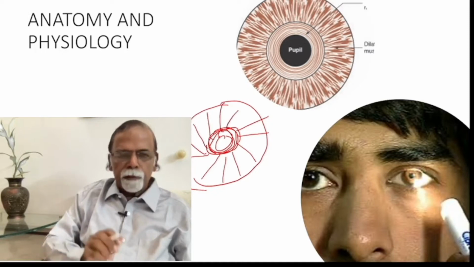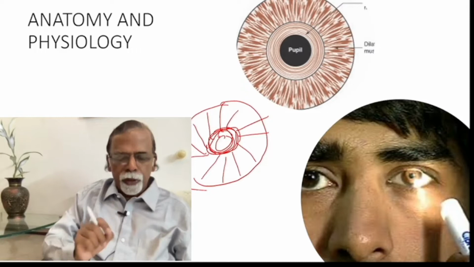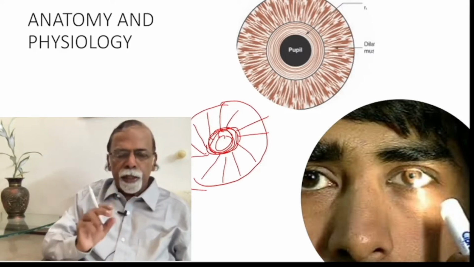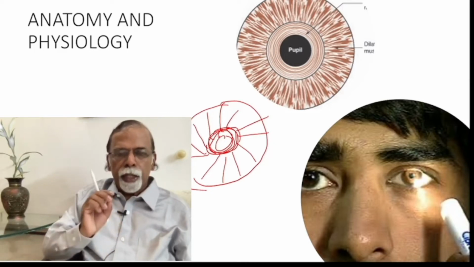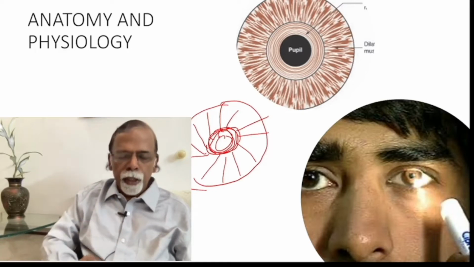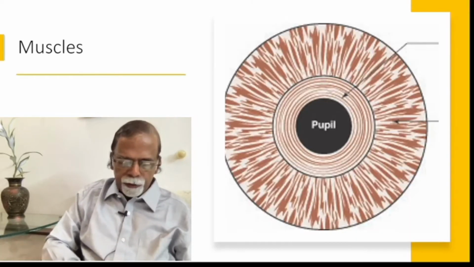The constrictor fibers are under the influence of the parasympathetics coming through the third nerve, and the dilator pupillary muscles are under control of the sympathetics. This is a fundamental thing you should keep in mind. Dilatation is by sympathetics and constriction is by parasympathetics coming through the third nerve.